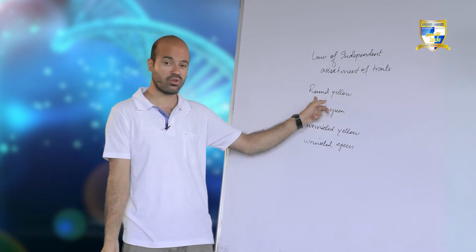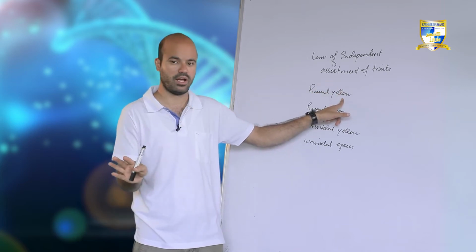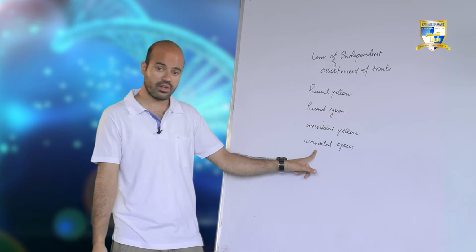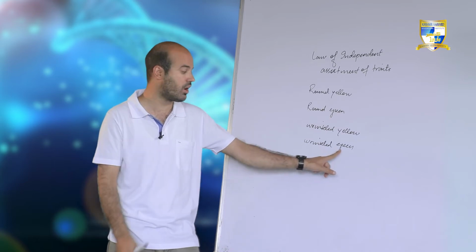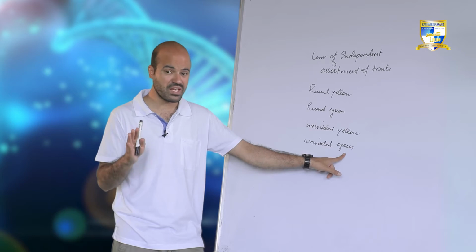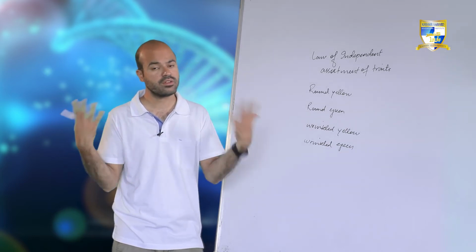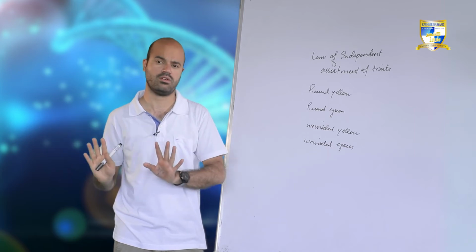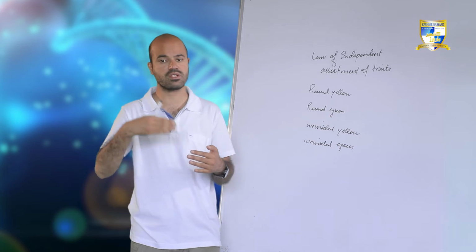Yellow is not dependent on round, neither is round dependent on yellow. There is nothing like that. Wrinkled is likewise independent of green; it does not depend upon the green character. That means wrinkled and green are not dependent upon each other. They can combine with any other character and move on from one generation to another.